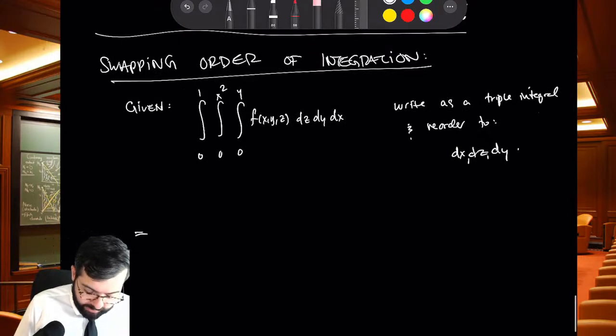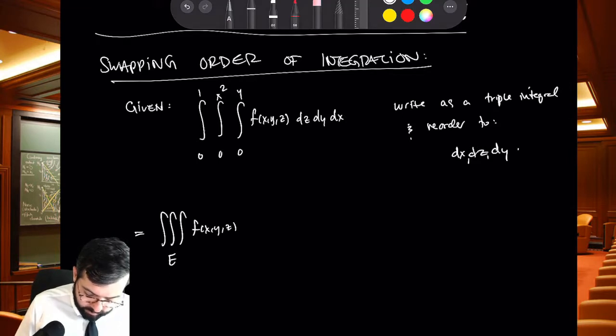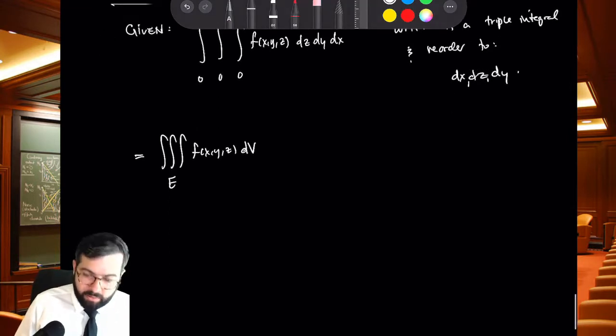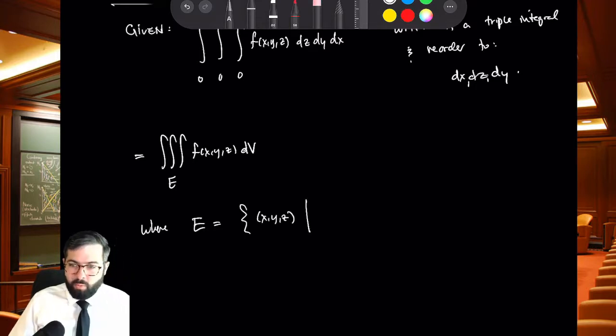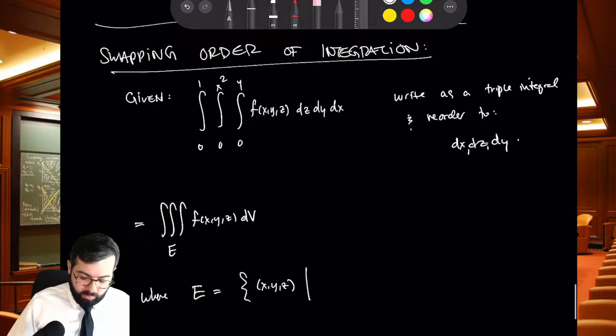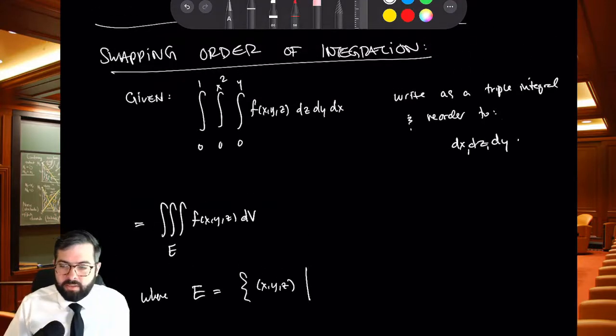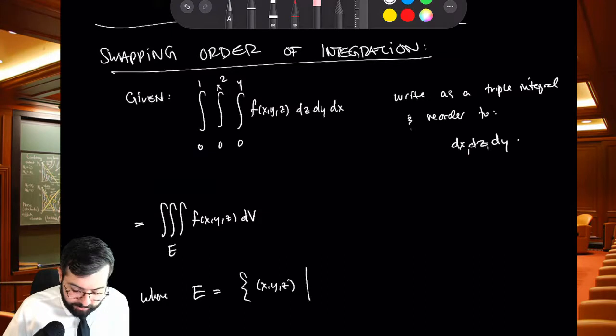All right, so we can say that this is equal to some triple integral over E of dV, where E is some region of points x, y, z where what is happening? Well, we can think about these things separately and then all together.